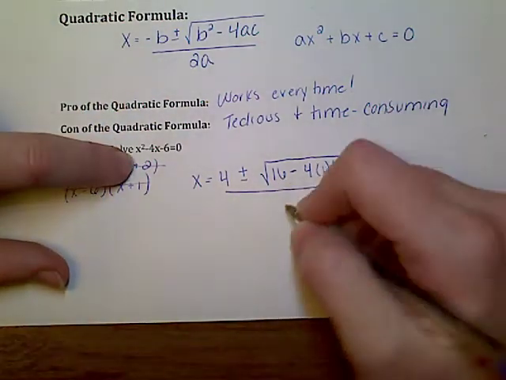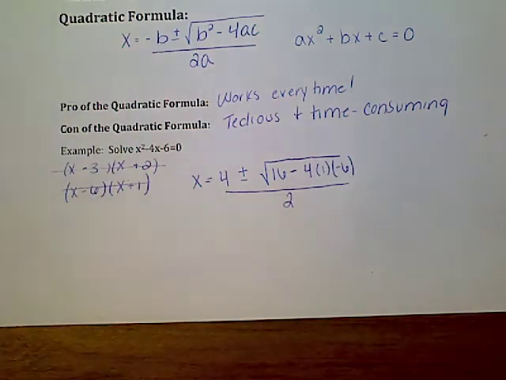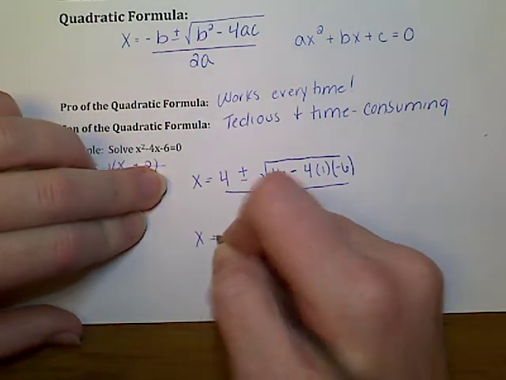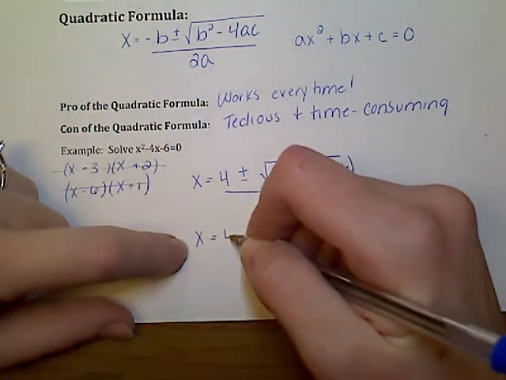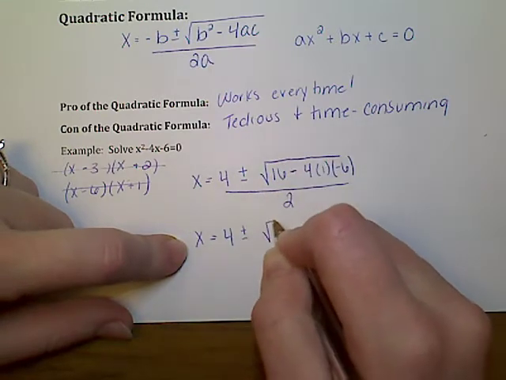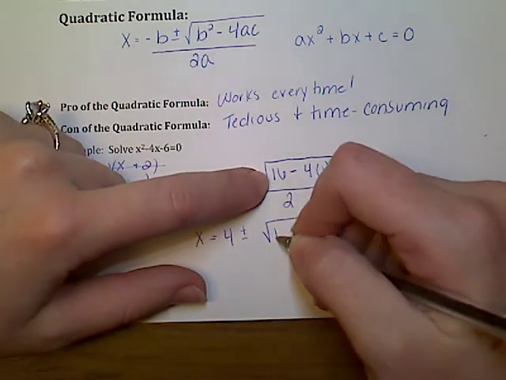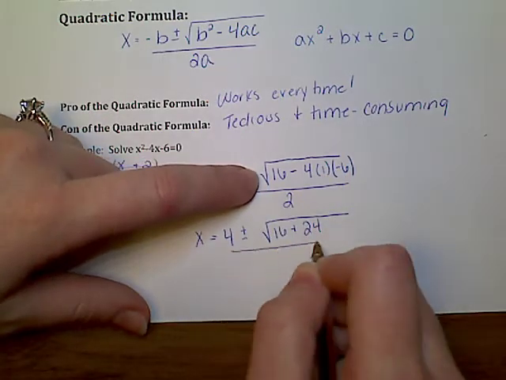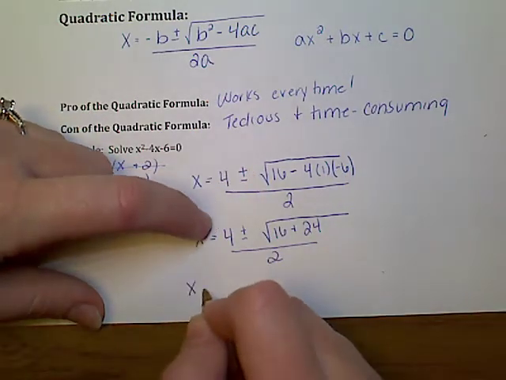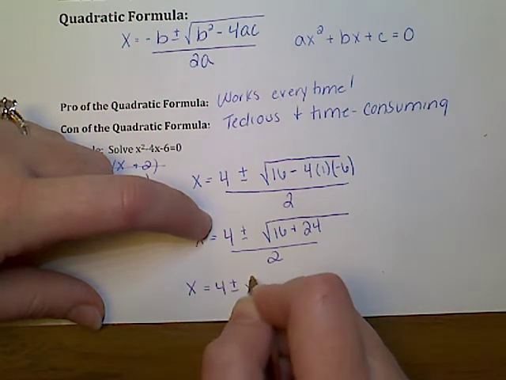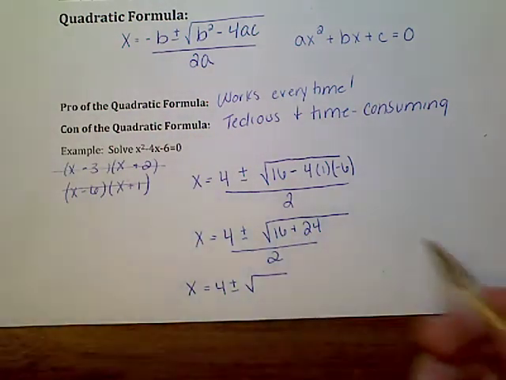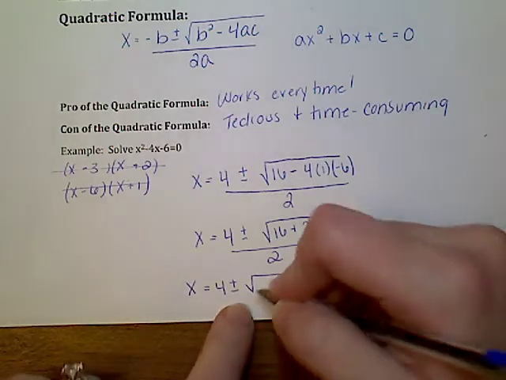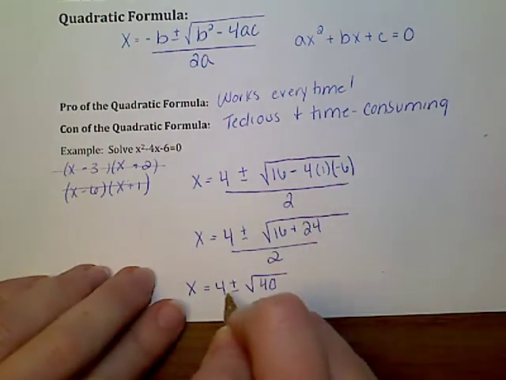Well, again, a is 1, so you can just write a 2 down here. And we work on simplifying. So we're going to have 4 plus or minus the square root of 16 plus 24 all over 2. And this is going to be 4 plus or minus the square root. Inside, we are going to have 40 all over 2.